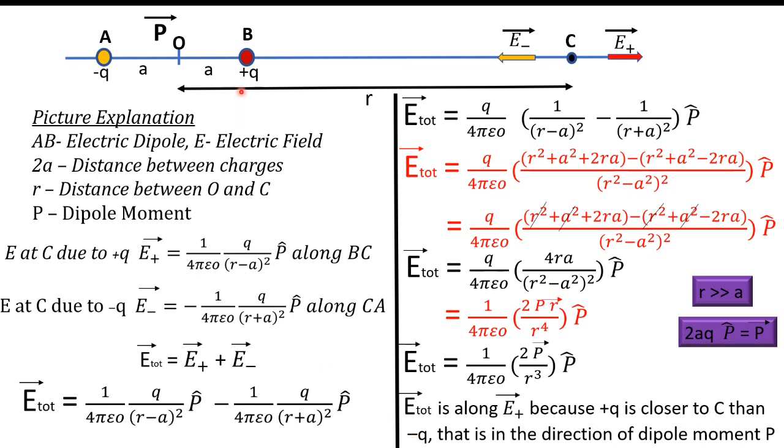Plus q is closer to C than minus q. And so E total will be along E plus. And we know that dipole moment is from minus q to plus q. And so the direction of dipole moment is along AB, or from minus q to plus q, or along the direction of E plus itself.